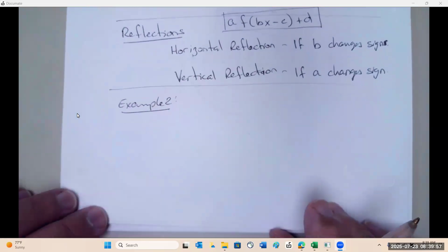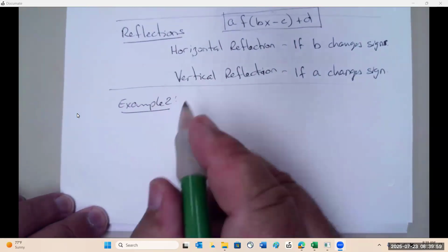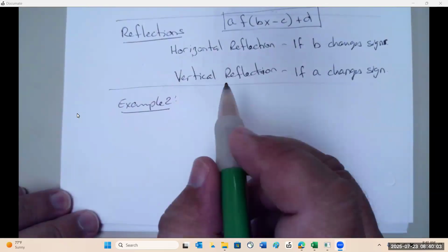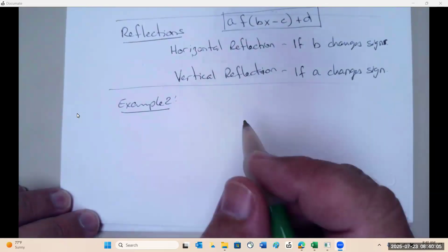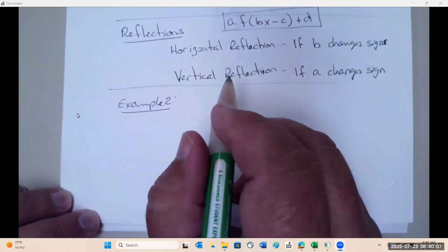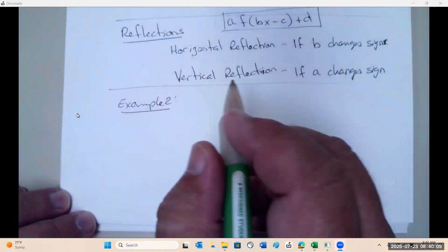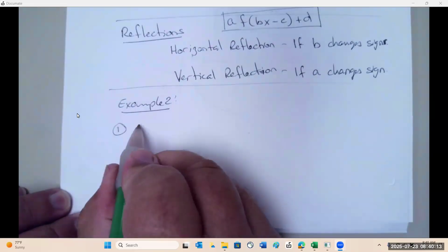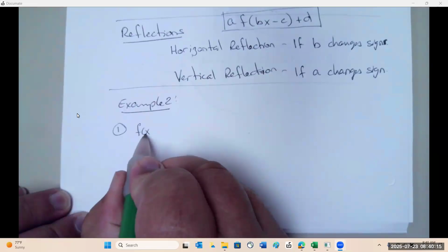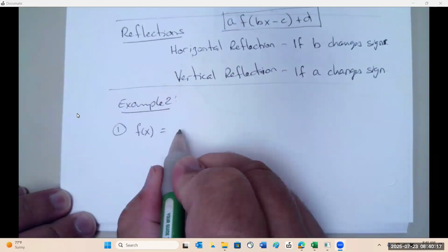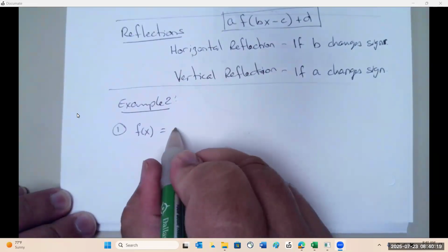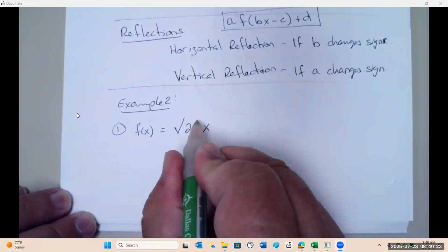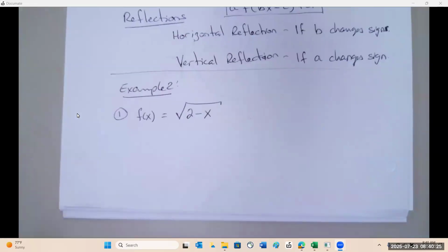Example 2. Again, I don't like this one because we haven't learned polynomials yet. So let's look at this one.